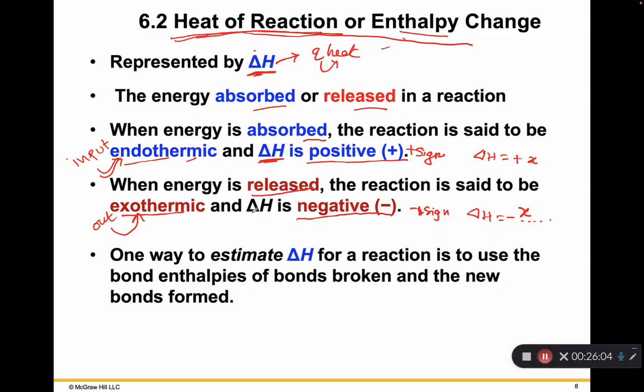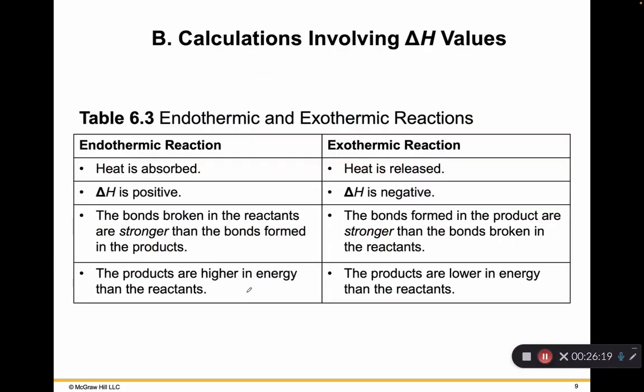One way of estimating the delta H for a reaction is by keeping track of the total enthalpies of bonds broken and the enthalpies of bonds formed. I will show you in a coming up slide. So for now, understand how to classify a reaction as exothermic or endothermic.